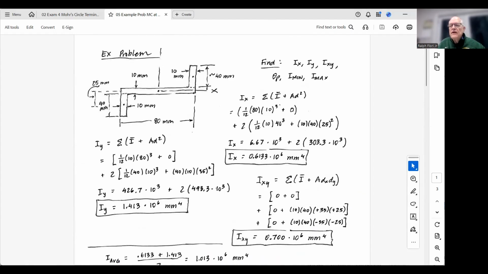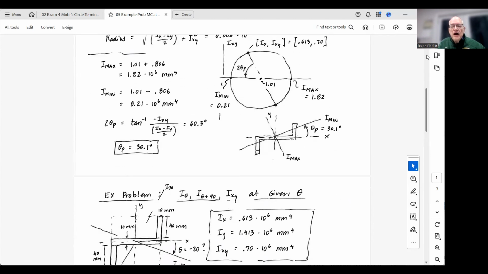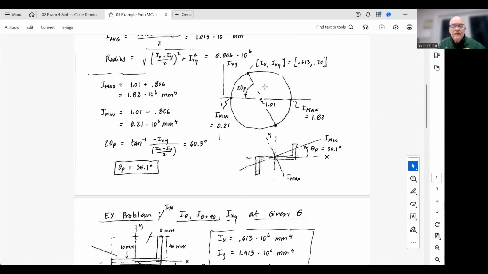And then we're often looking for an Imin and an Imax set of axes. When you get to Mohr circle, the original set of axes plot somewhere on that circle. So you basically have X and Y plotted across from one another. Your Imax and Imin are plotted on the horizontal axis across from one another.